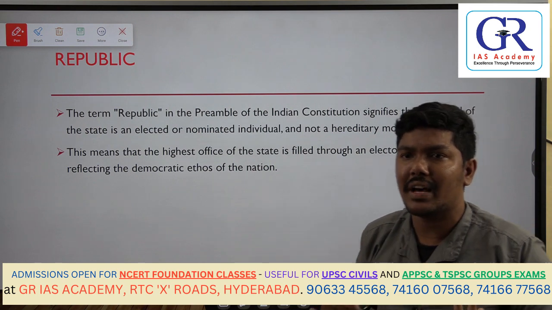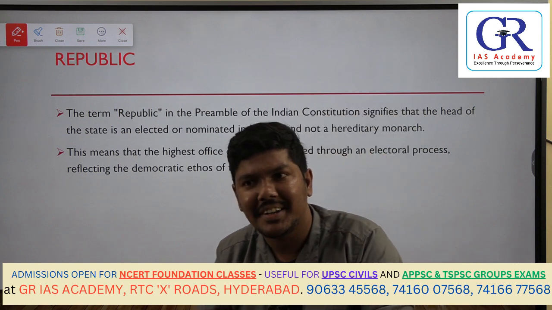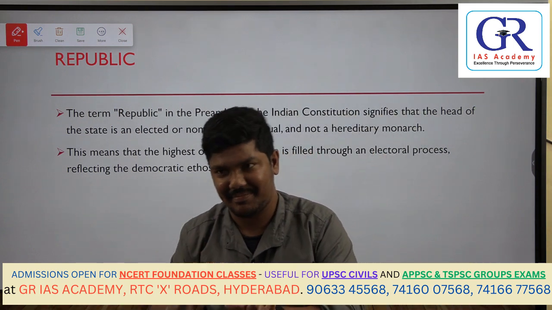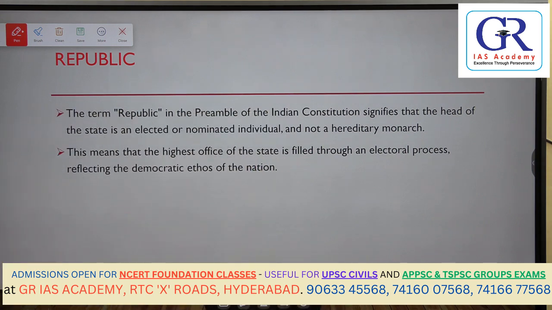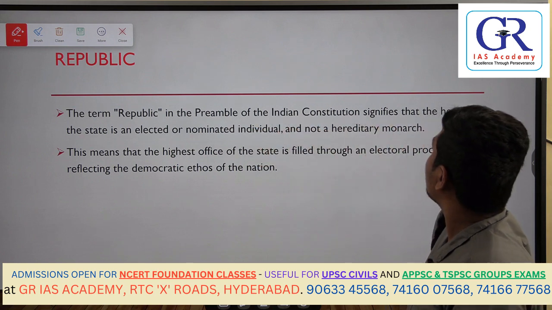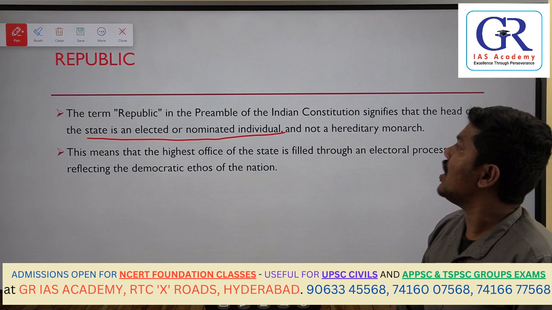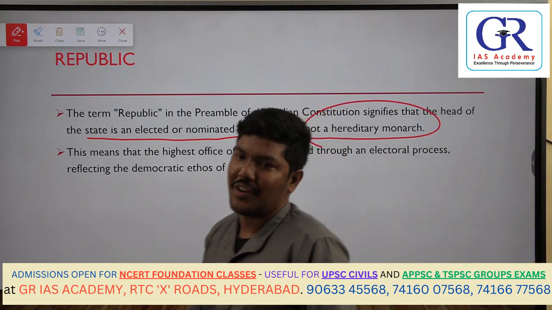Is India a republic or a monarchy? Republic. Who is the head of our nation? The President. He is elected by the people, but indirectly. We will see how he is indirectly elected when we talk about the election of the president and the detailed provisions. The term republic in the preamble of the constitution signifies that the head of the state is elected or nominated and not a hereditary monarch.